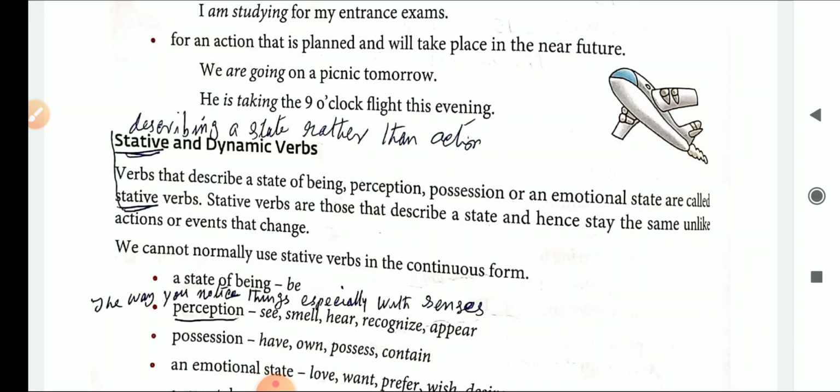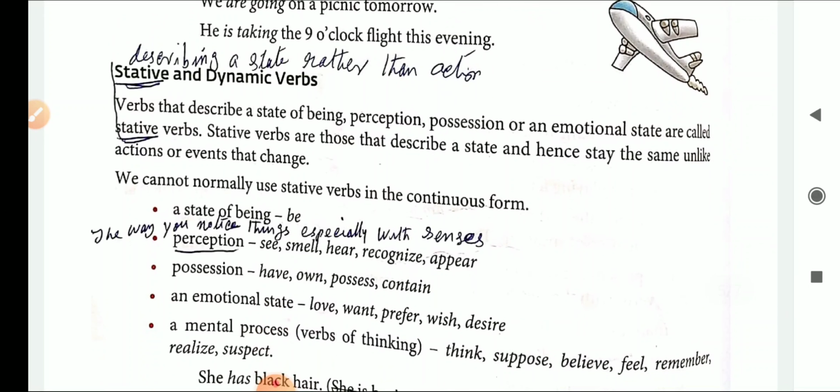Verbs that describe a state of being, perception, possession, or an emotional state are called stative verbs.